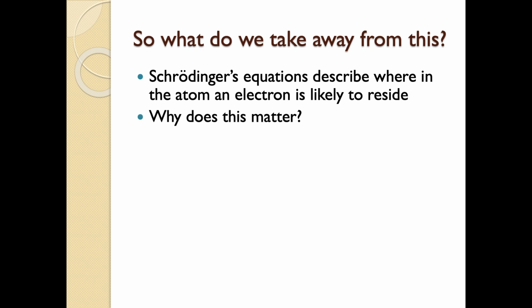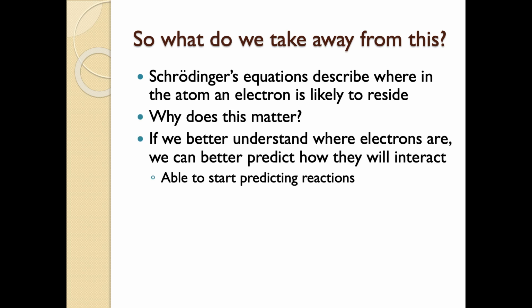And in terms of chemistry, that's extremely important because chemical reactions are all about the electrons and where the electrons are and how they interact. So understanding where electrons are in the atom is paramount to really understanding how interactions between atoms or even molecules are going to occur.